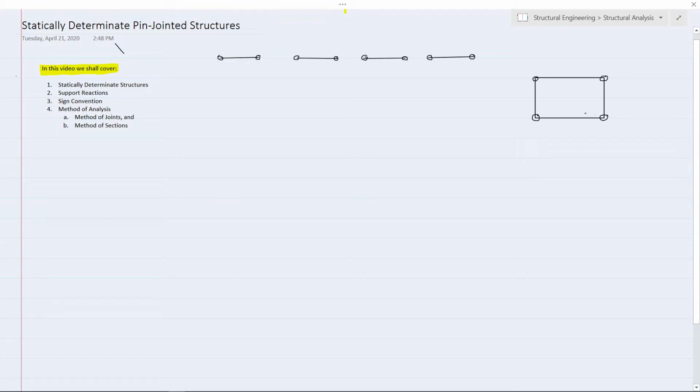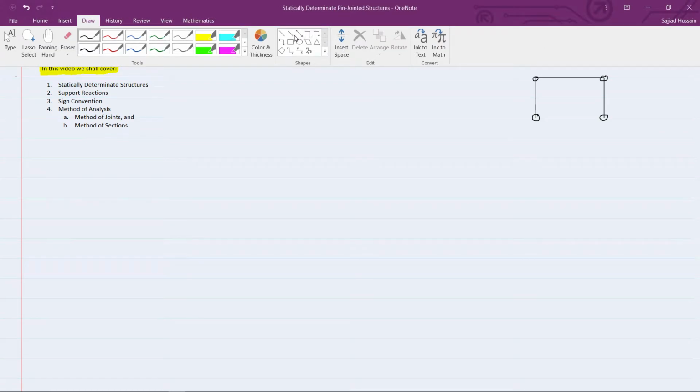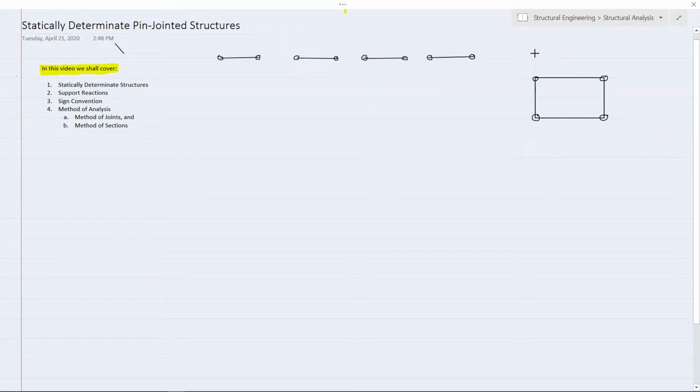Do you think that this will be a stable configuration? Certainly not. Why? Because if any load is applied, like this one, it will collapse.